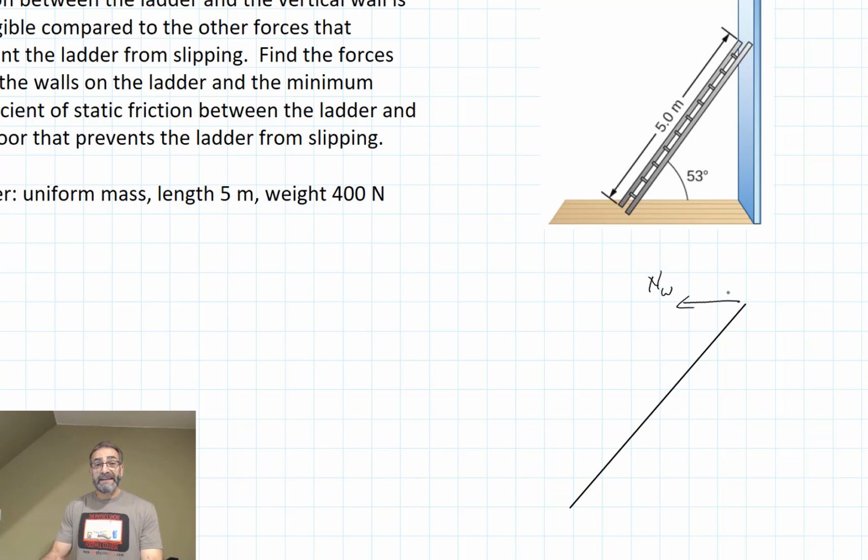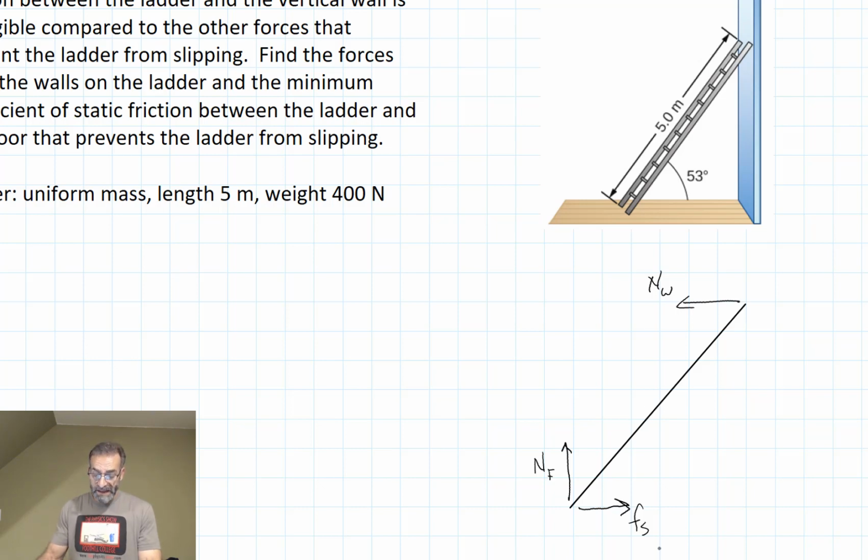I'll call that N sub W for wall, the normal force from the wall. What else is touching the ladder? The floor is touching the ladder. The floor can interact two ways, through a normal force, N floor, and through a friction force, static friction, preventing the ladder from slipping out. That's everything that's touching our ladder.